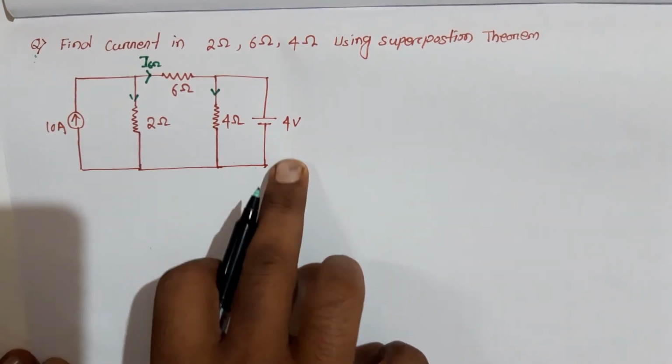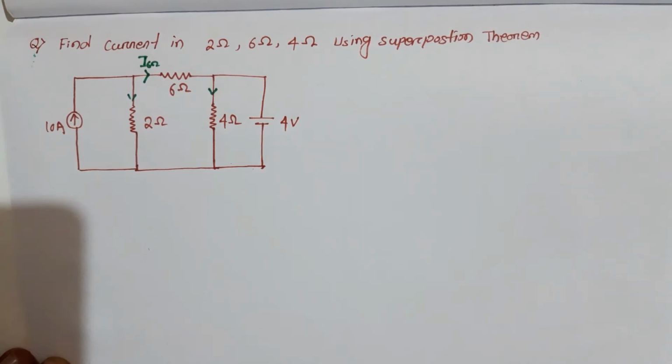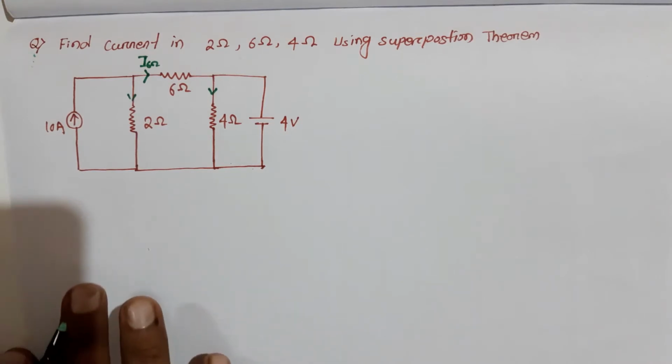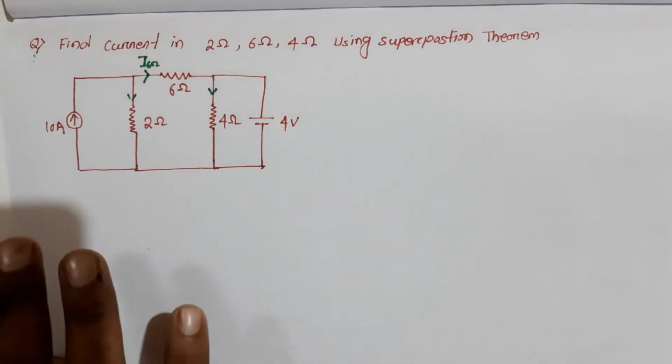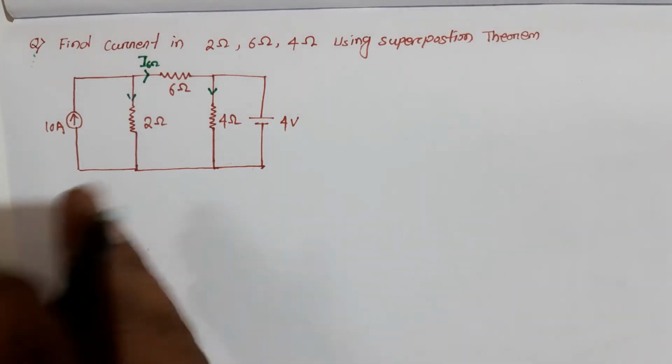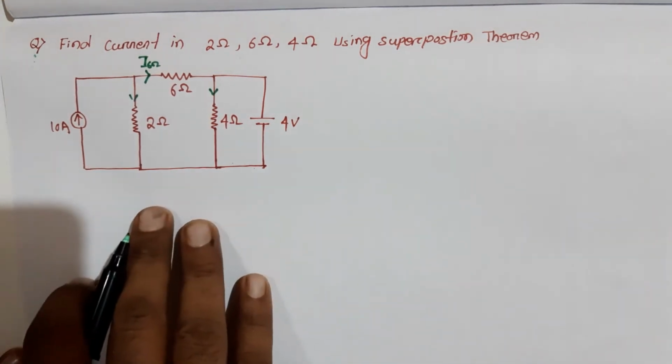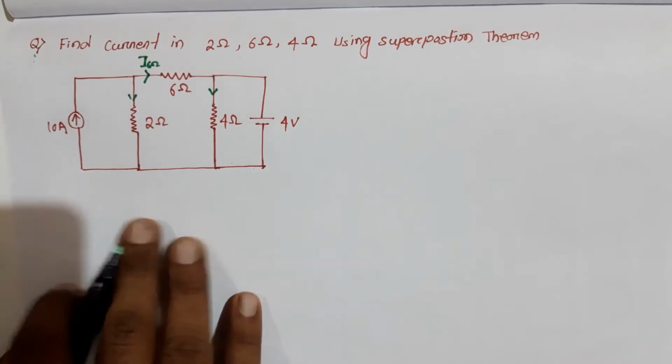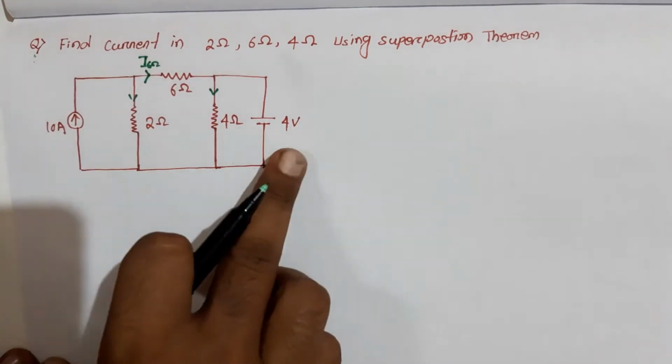According to the superposition theorem, we deal with individual sources at different times. Here, first we are going to consider this 10 ampere source, then after that the 4 volt.